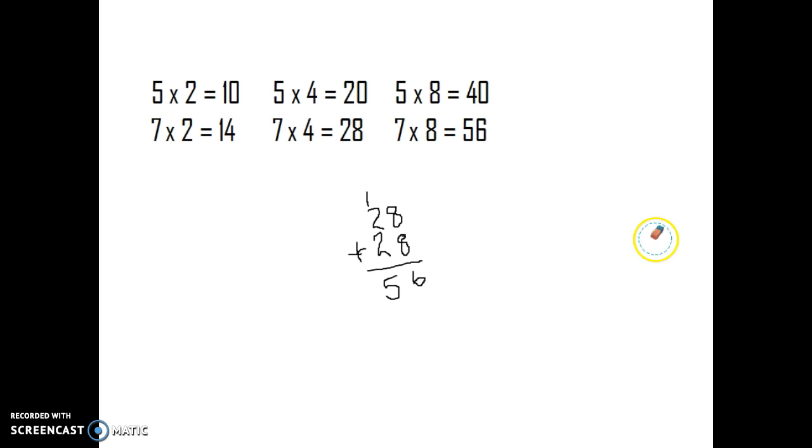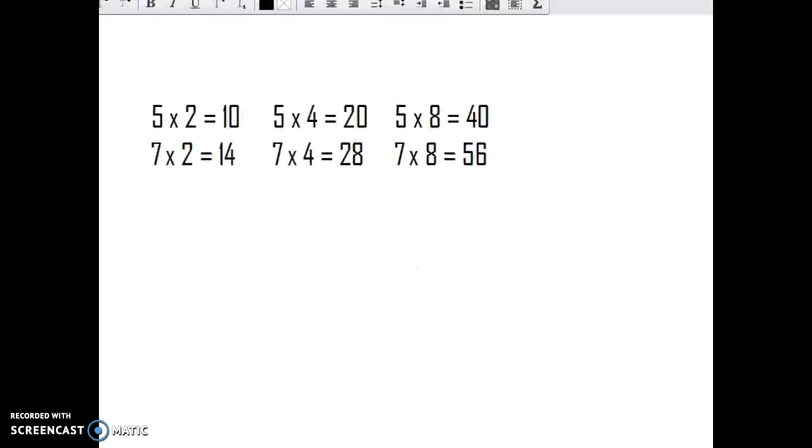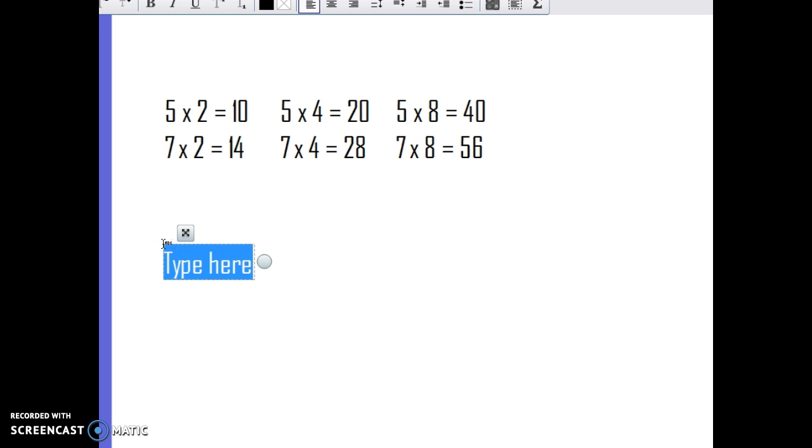I also want to look at the repeated addition for this. So if I have 5 times 8, we said that that equals 40. But what that is, since we're practicing with the 8s, I'm going to do 8 repeated 5 times. So 8 plus 8.